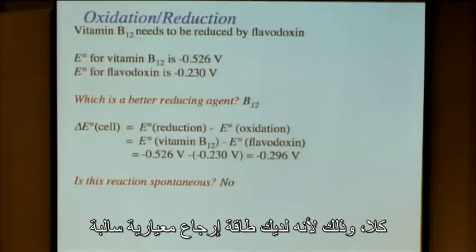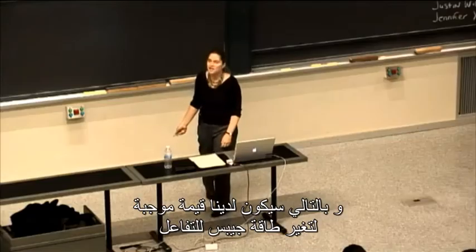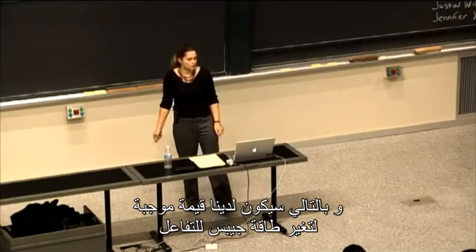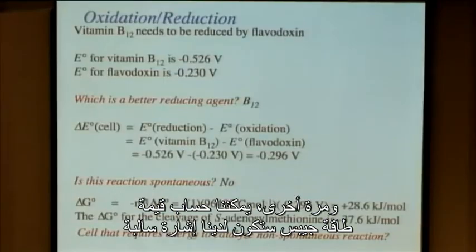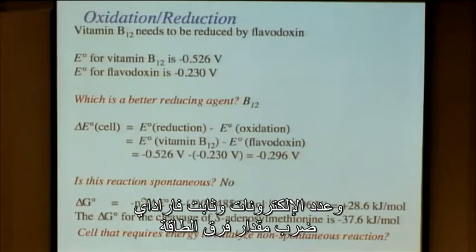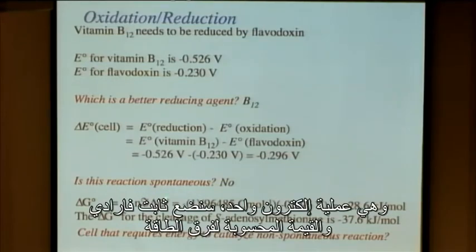No. And that's because if you have a negative standard potential, then you're going to have a positive value for delta G, so it will not be spontaneous. And again, you can calculate the value for delta G. So we have minus n, the number of moles of electrons, times Faraday's constant, times the difference in potential. And it's a one electron process.